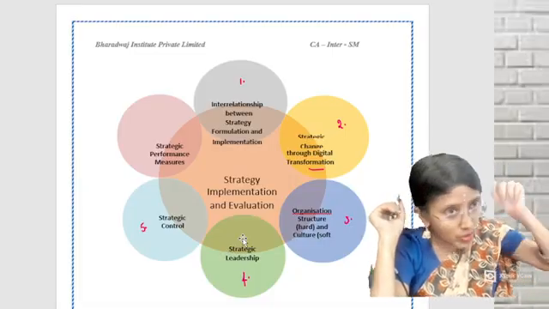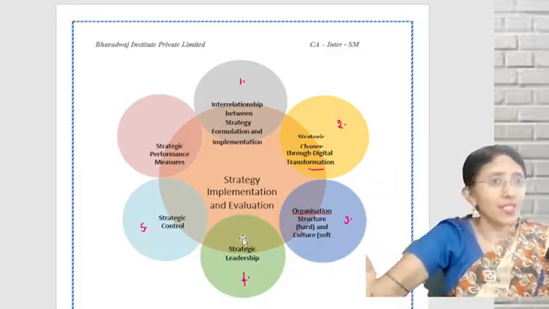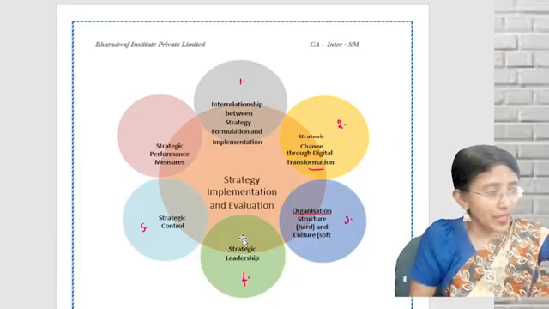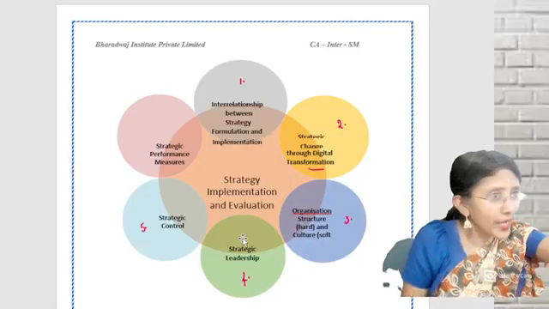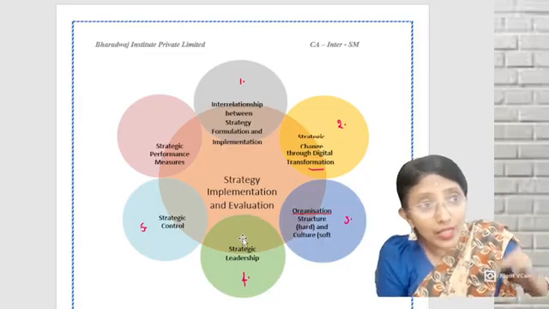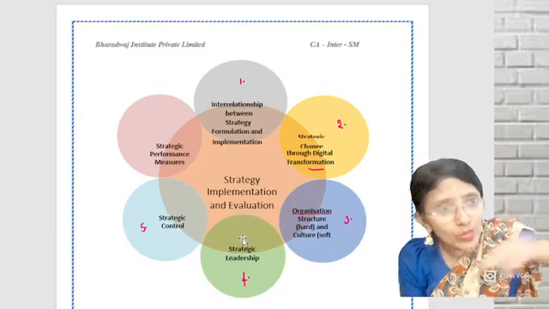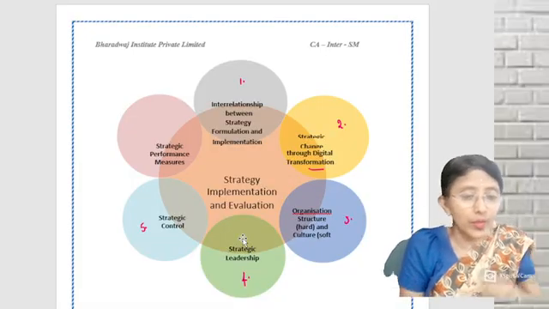Register that point well, because they're asking an MCQ on control. Generally we know control means what? Exercise of authority. Somebody is made to follow some instructions. Superior-subordinate relationship, that is the general context. But here, we are talking about assessment of performance, comparing your actuals with the targeted performance. Okay, be clear on that.